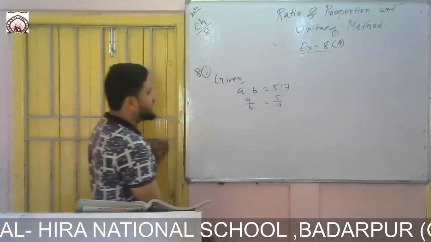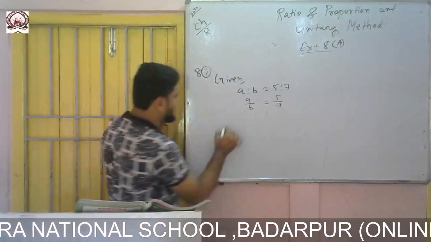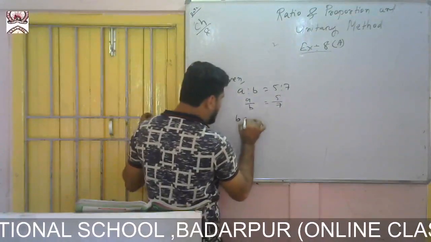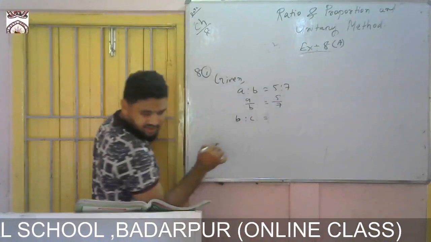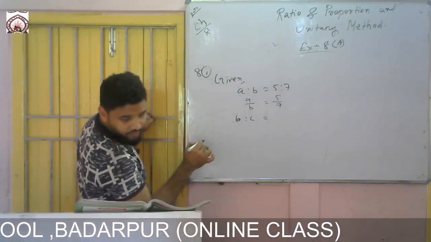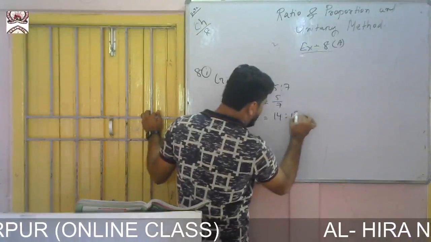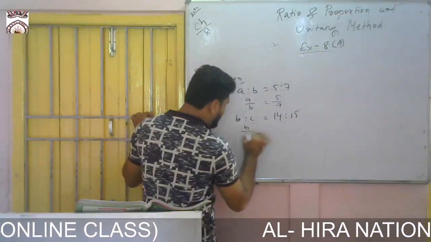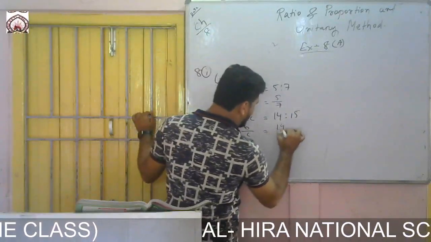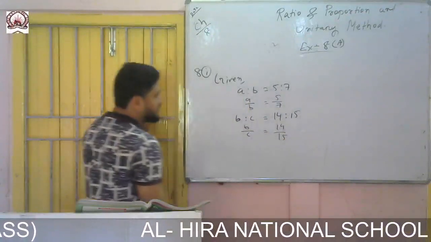Okay. Now B is to C equals to 14 is to 15. That means B by C I can write 14 by 15. Okay.